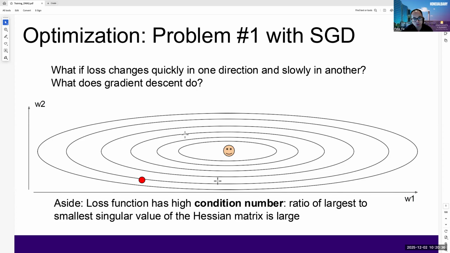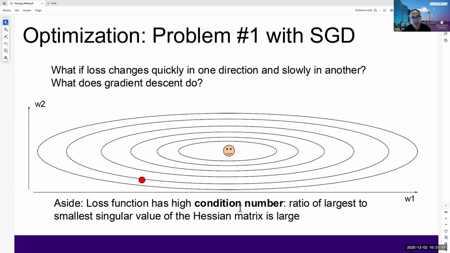In this direction the loss changes quickly, but in this direction the loss changes slowly. This loss has a very high condition number, which means the ratio of the largest to smallest singular values is very large. Some singular values could be super small, and some super large.